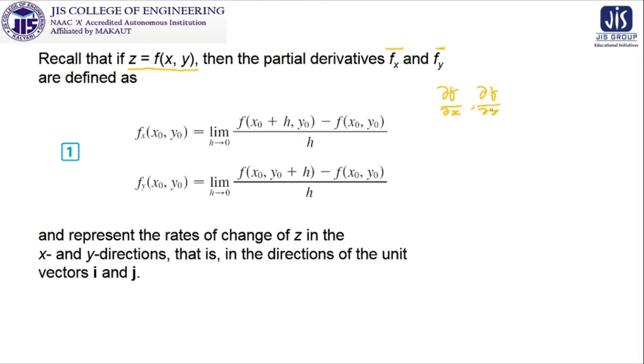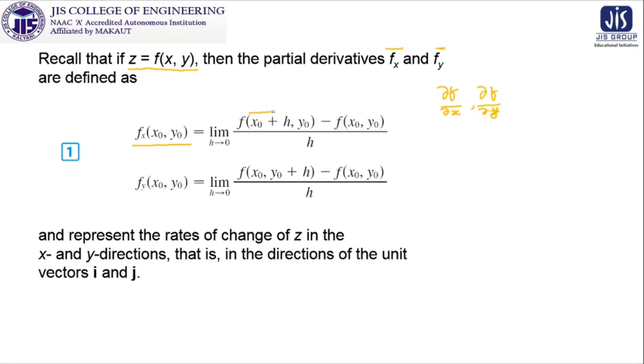But if we write it in this manner, fx, fy, it will take lesser space. The definition is, at the point x0, y0, the partial derivative of f with respect to x will be the limiting value of this expression, which is f of x0 plus h comma y0 minus f of x0, y0.